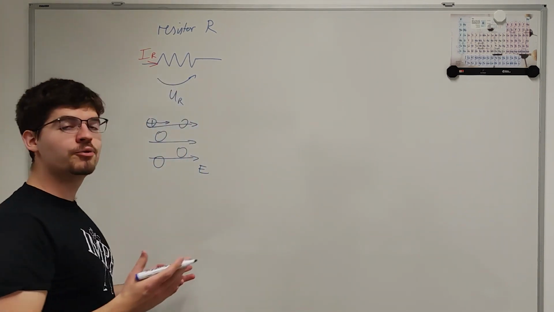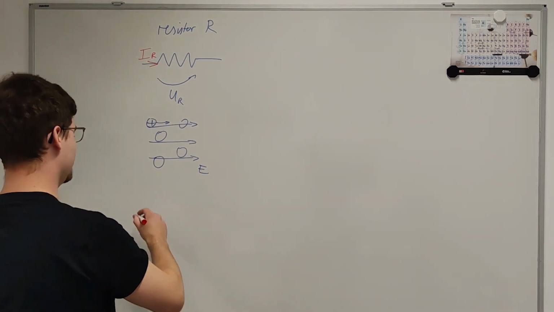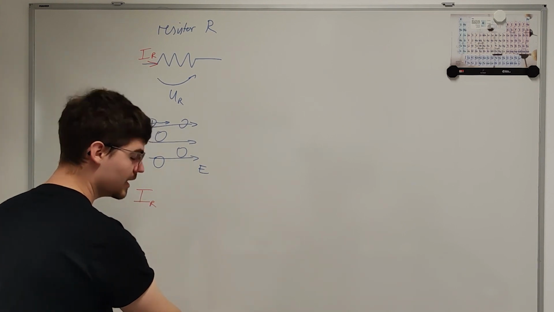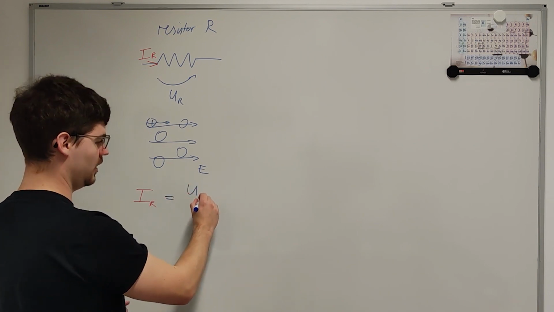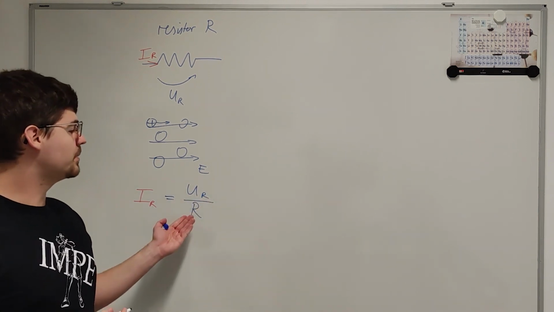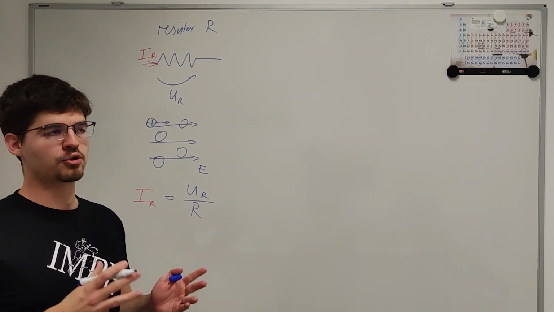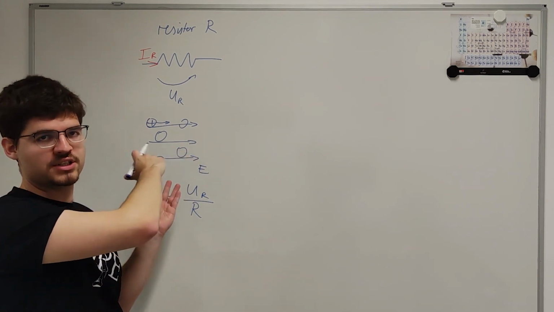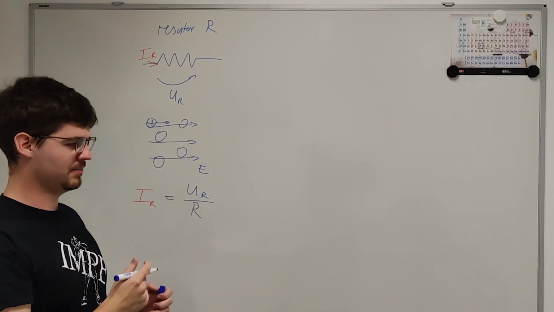And this is what we commonly refer to as Ohm's law. So, if we write this down as a formula, we have the current IR is equal to the applied potential difference UR divided by the resistance R. This resistance is basically the proportional factor, which describes what is the end velocity in the mean that these charge carriers reach, depending on the applied potential.